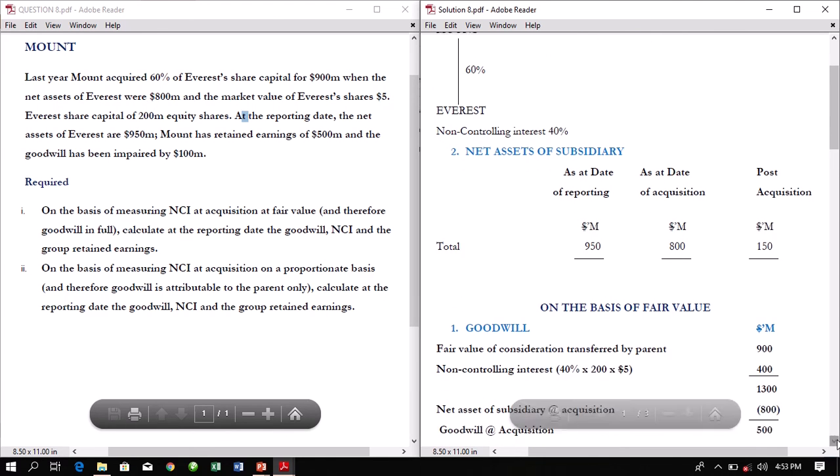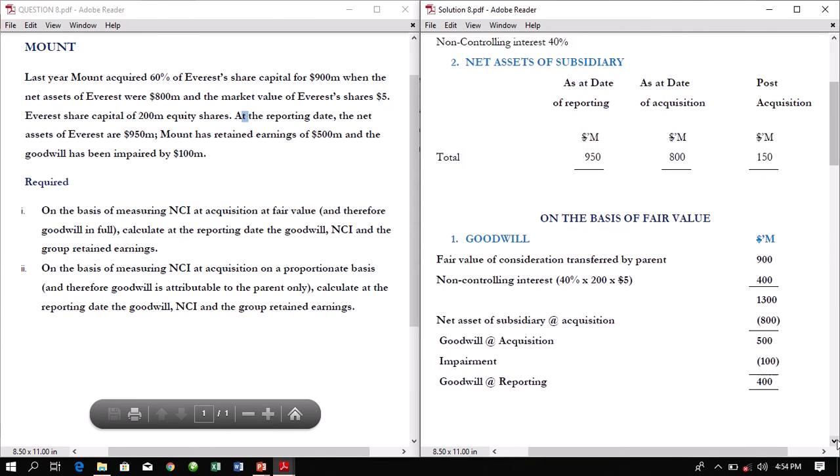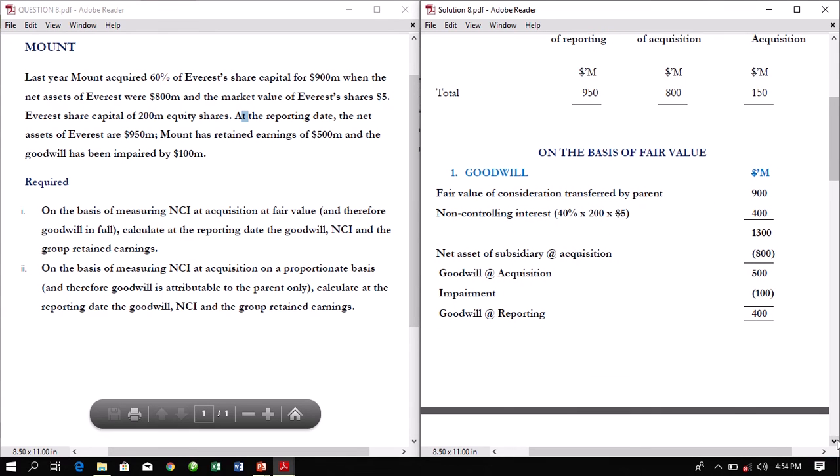But we have to know at the back of our mind here that we are told to measure non-controlling interest using the fair value basis. And how do you go about that? I told you, either the question gives you the share price of the subsidiary. Now in this case, we are told that Everest, which is our subsidiary, its shares are being sold at $5.